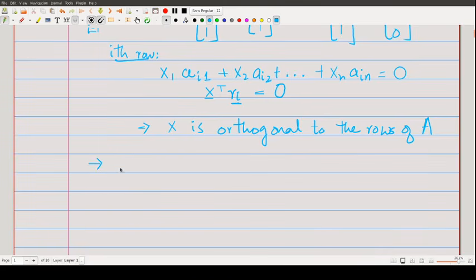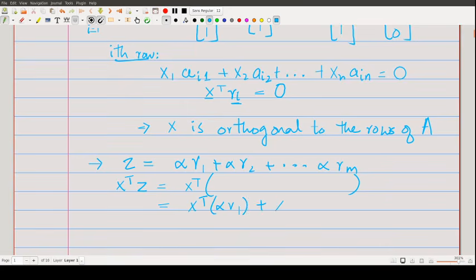Let's suppose we take a linear combination z as alpha1 r1 plus alpha2 r2 plus dot dot dot alpha m rm. If we multiply x transpose with z, we get x transpose times alpha1 r1 plus x transpose times alpha2 r2 plus dot dot dot x transpose times alpha m rm.